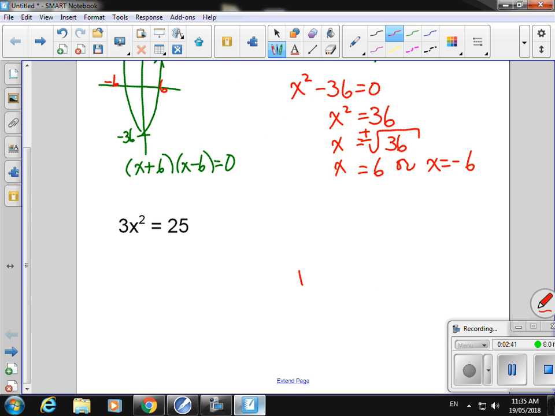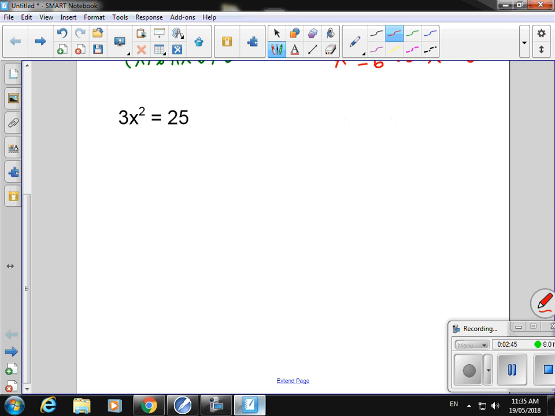I know for some parabolas, the x-intercepts are ugly. So it is not very nicely factorable. So I look at this thing and see 3 and 25 and think, I don't think it's going to be very pretty. So I'm going to use my understanding of roots to solve it. So I'm going to divide both sides by 3 and then say, yep, I can do that. I can take the square root as long as I remember that there are two possibilities for this thing.